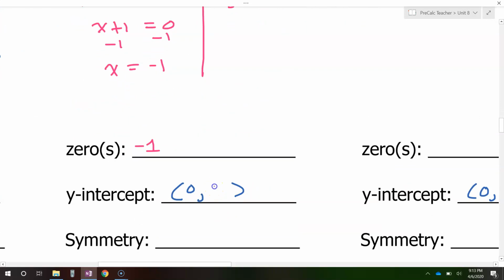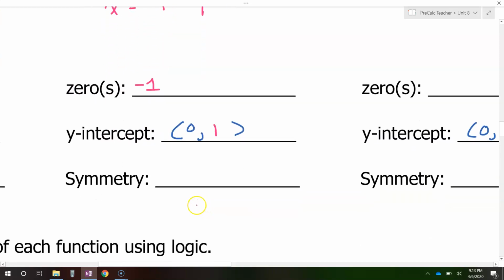So I'm going to put a 1 here. Remember that the y-intercept will be (0, 1). A zero is just a number, but an intercept is an ordered pair. Keep that straight. Now, what kind of symmetry are we talking?